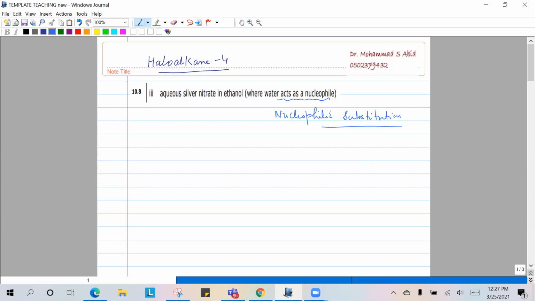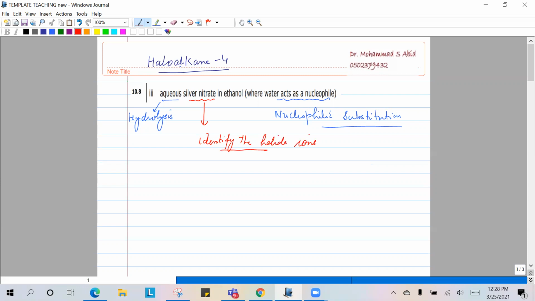It can also be considered as a hydrolysis because you are talking about aqueous. So because of this aqueous, you can also consider this as a hydrolysis reaction, breaking with the help of water. Another important thing is you are using silver nitrate. Silver nitrate is used to identify halide ions.